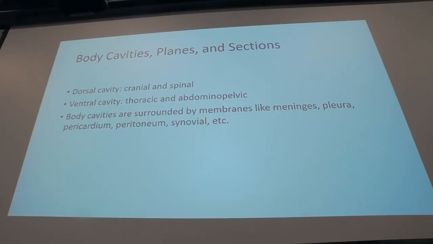So these meninges surround and protect the brain and the spinal cord. Pleural membranes surround and protect our lungs. Pericardium surrounds and protects the heart.